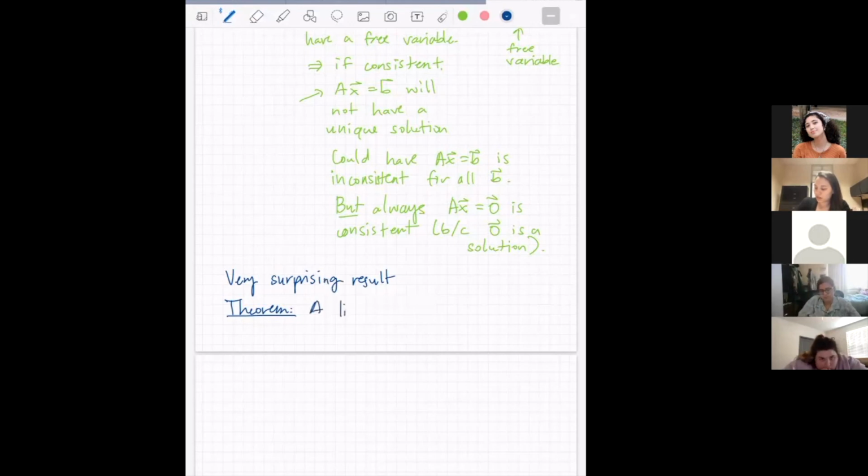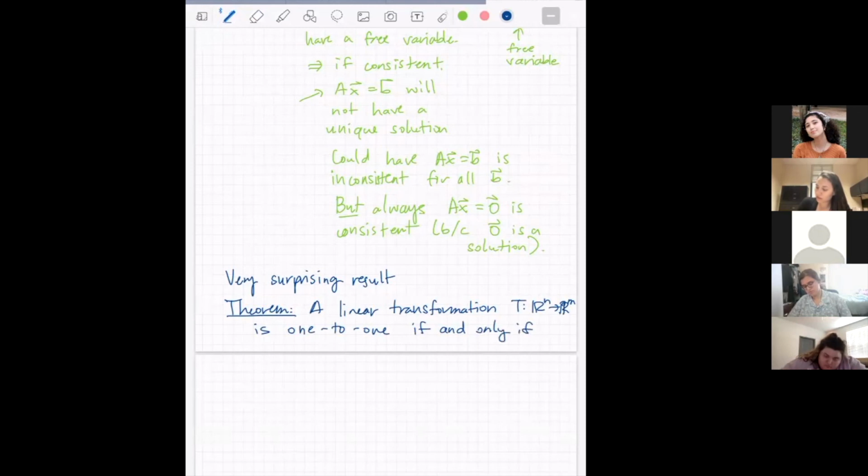So a linear transformation T from Rn to Rm is one-to-one if and only if this equation T of x equals 0, so this homogeneous equation, has only the trivial solution.